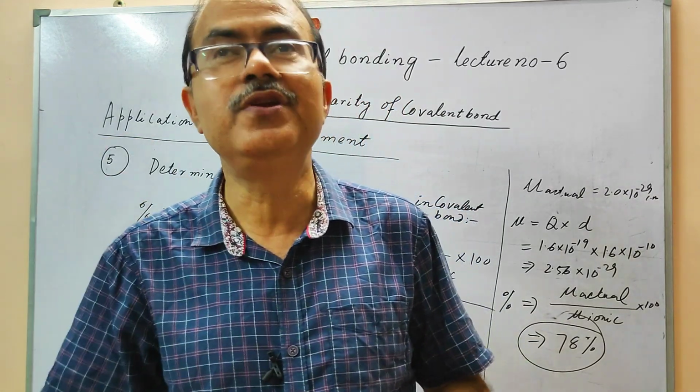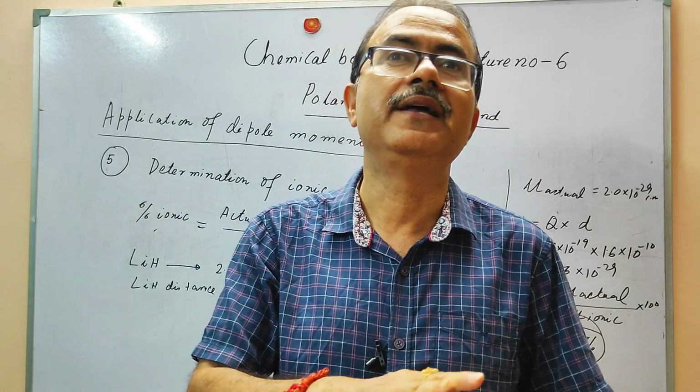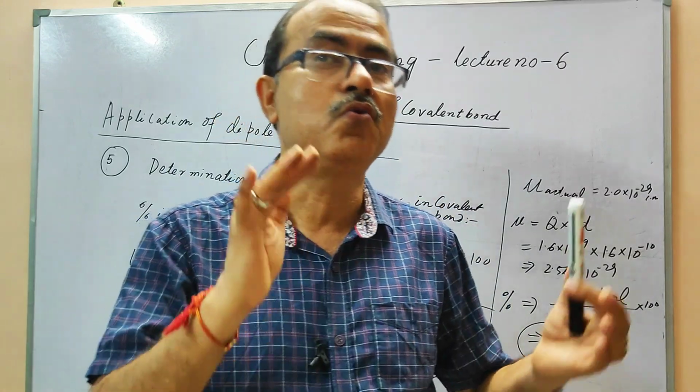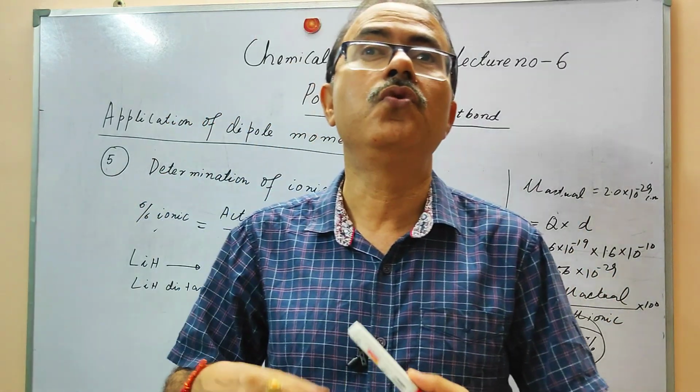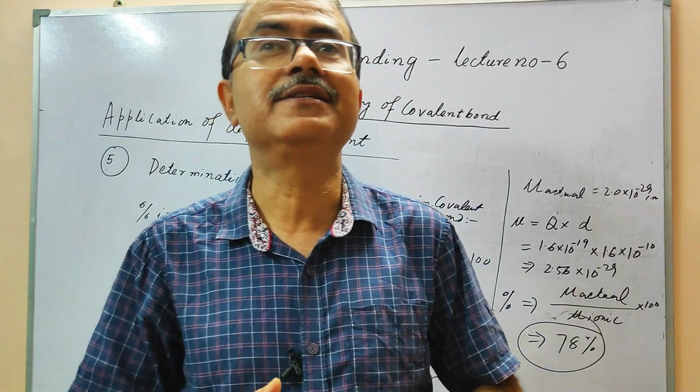In the next lecture we will discuss the reverse, that ionic compounds have some covalent character, and we will discuss the Fajans rules. So we will meet in the next lecture.